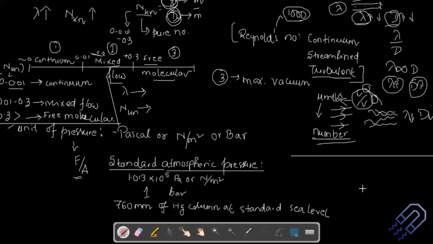Let's say I have a bucket of mercury, and I have taken it at sea level. Above this bucket of mercury, the atmosphere is exerting some pressure, and within it I can place a very thin capillary tube, graduate it and mark the scales, 10 mm, 20 mm, 30 mm, 40 mm, and so on, up to 1000 millimeter.